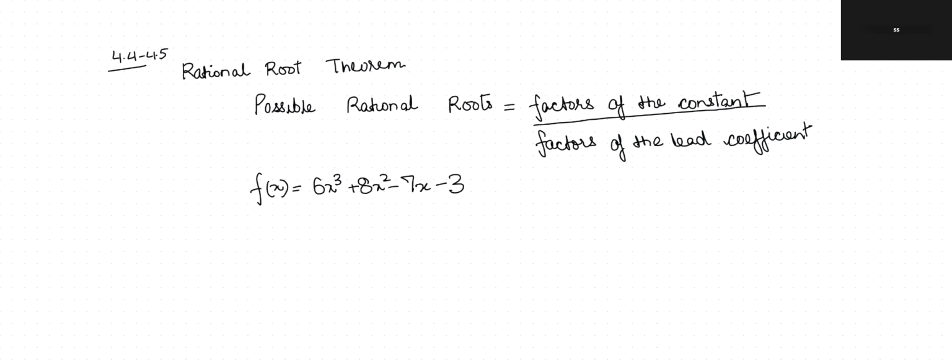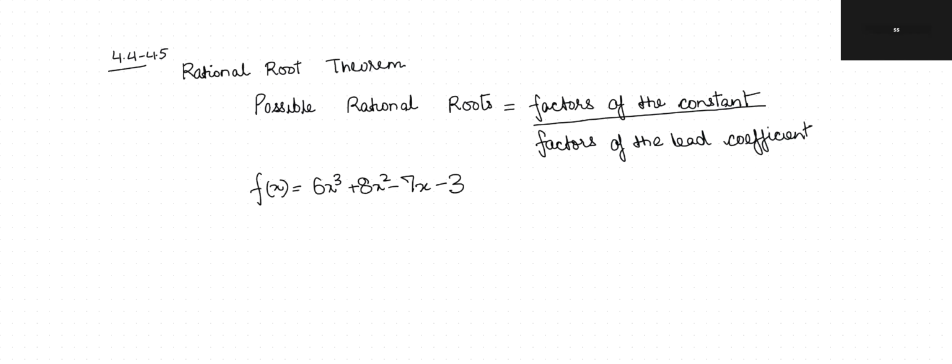Okay. So then we can get the possible rational roots. Then we can try with the first one, and when we get one rational root, then we can do synthetic division and find the others.